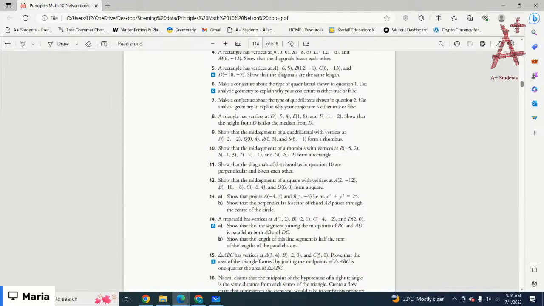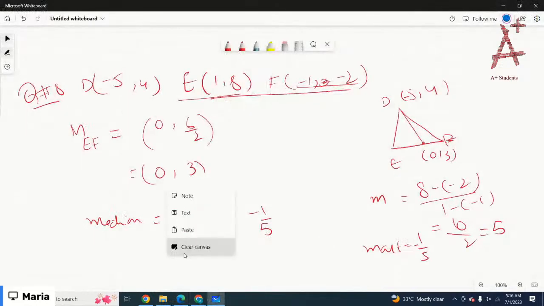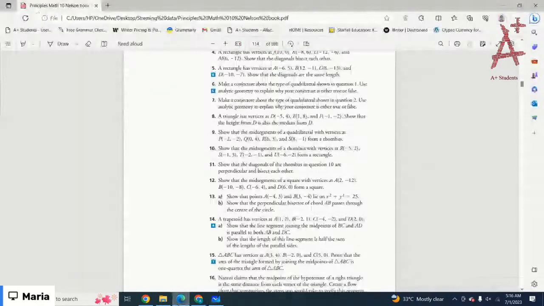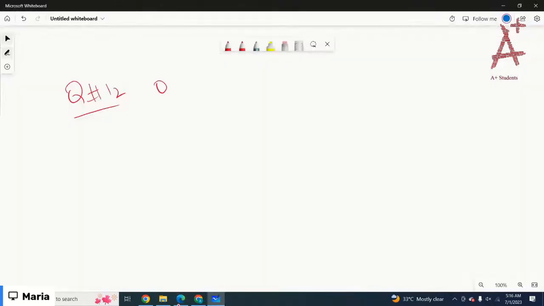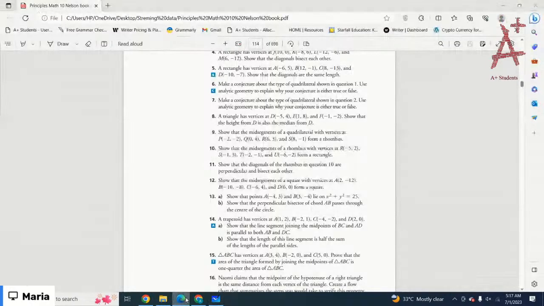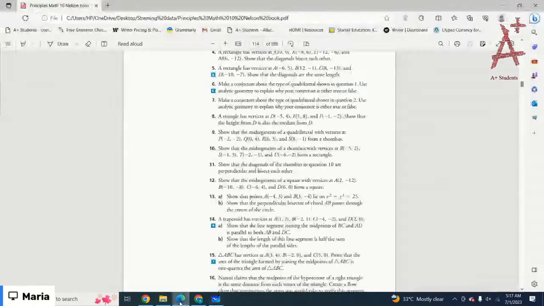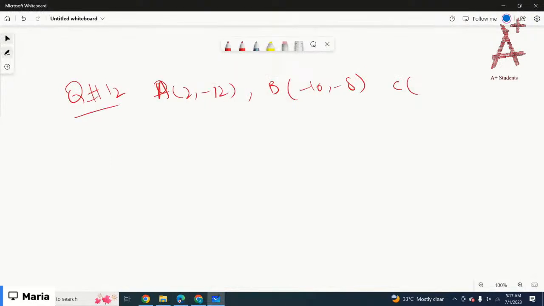The points are A(2, -12), B(-10, -8), C(-6, 4), and D(6, 0).